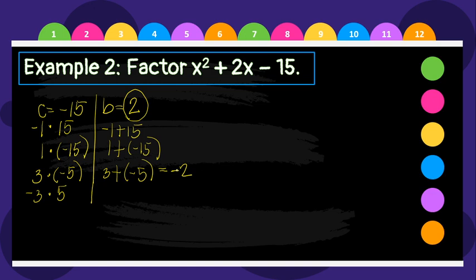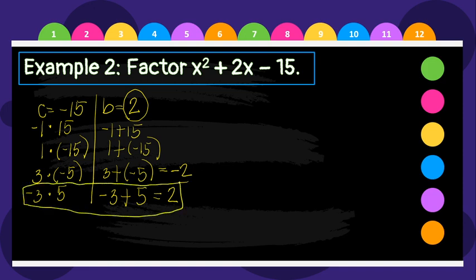With that, obviously, the answer is negative 3 plus 5, which is equal to 2. We're going to choose this factor.